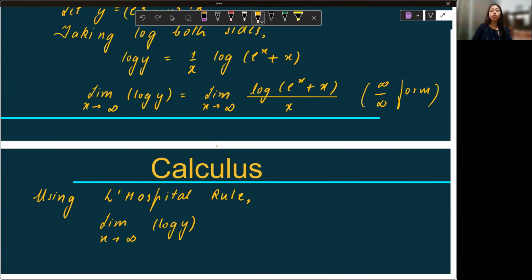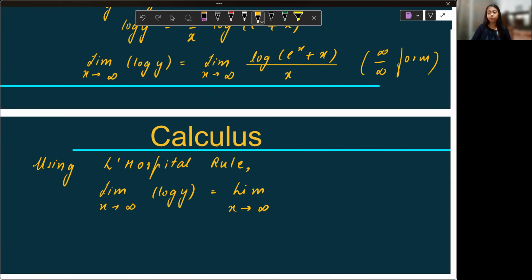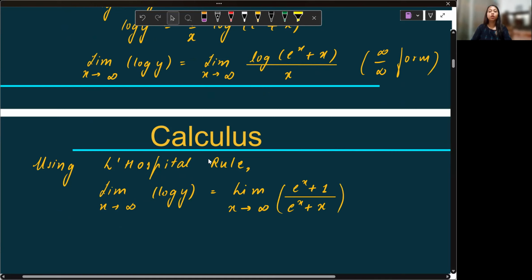That is equals to, we do differentiation in numerator and denominator with respect to x, keeping the limits as it is. So what will be the differentiation of the numerator? That is 1 by (e raised to the power x plus x), and for x it will be 1. So this is (e raised to power x plus 1), and for the denominator, it is 1, right? So this is your function.